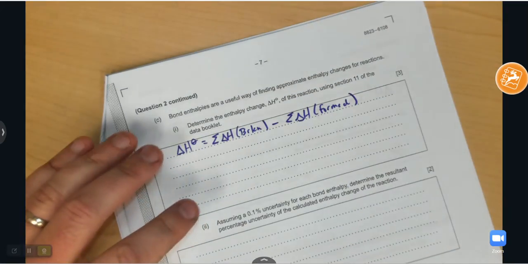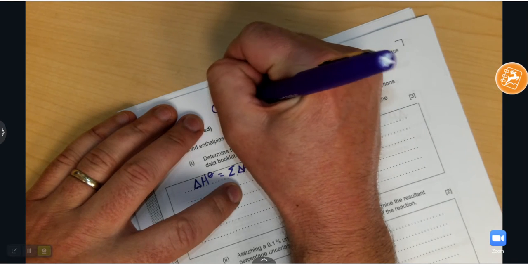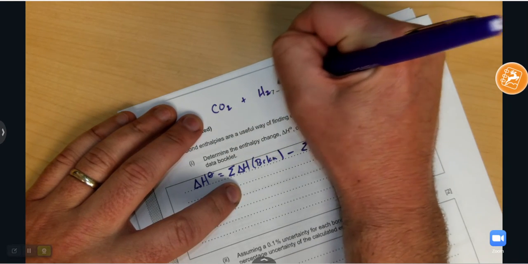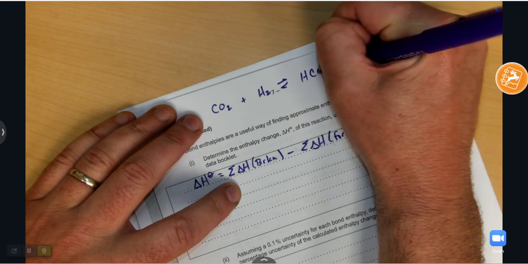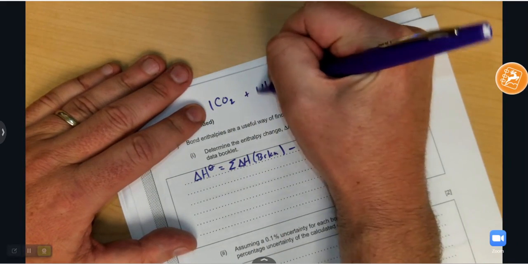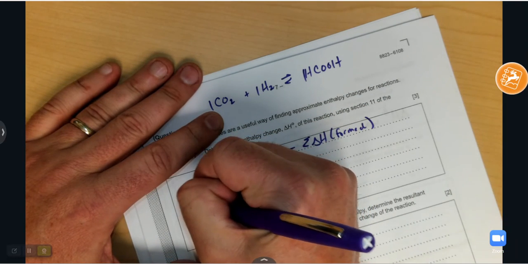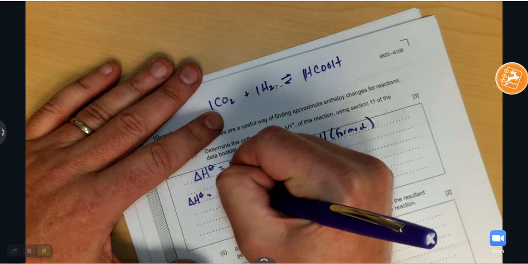So to do this, we got to work out the type of bonds we have here. Just as a reminder, it's CO2 plus H2O making HCOOH. So everything is 1 to 1 to 1. So in 1 mole of CO2, I'm going to write small here so I can fit this.